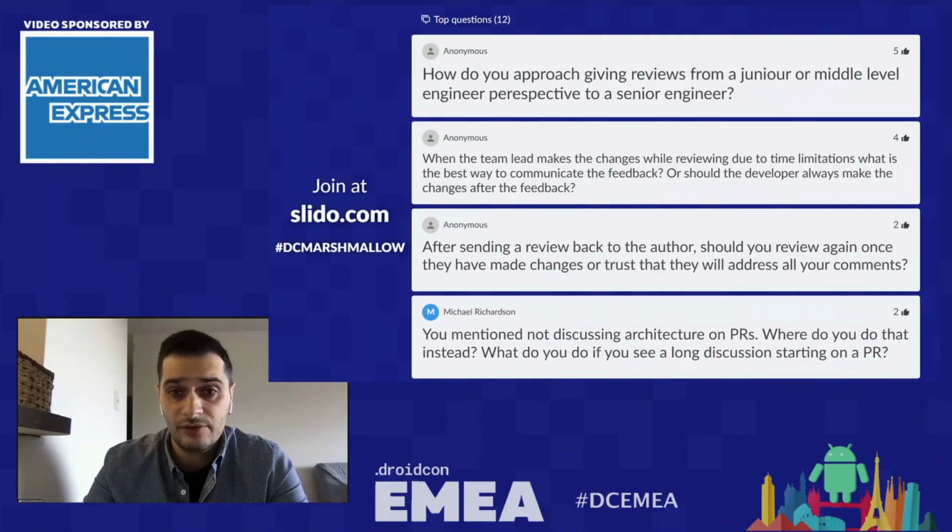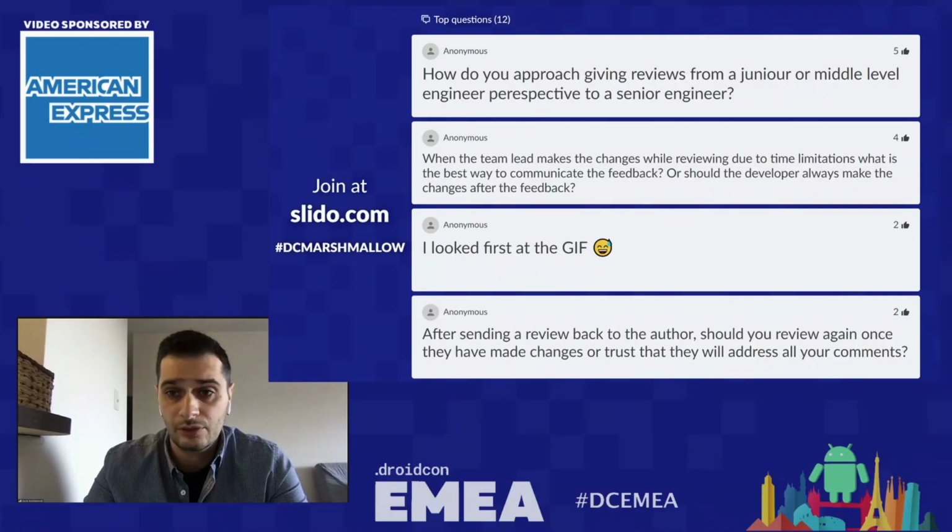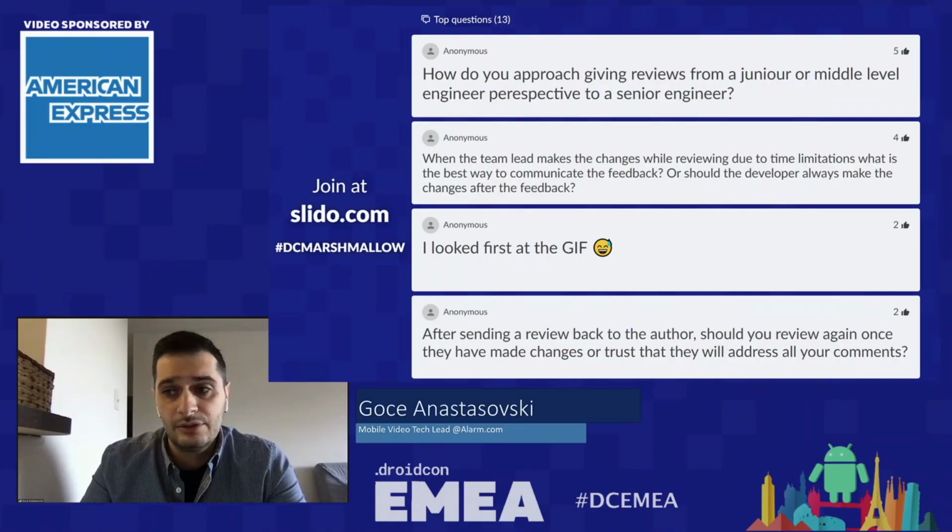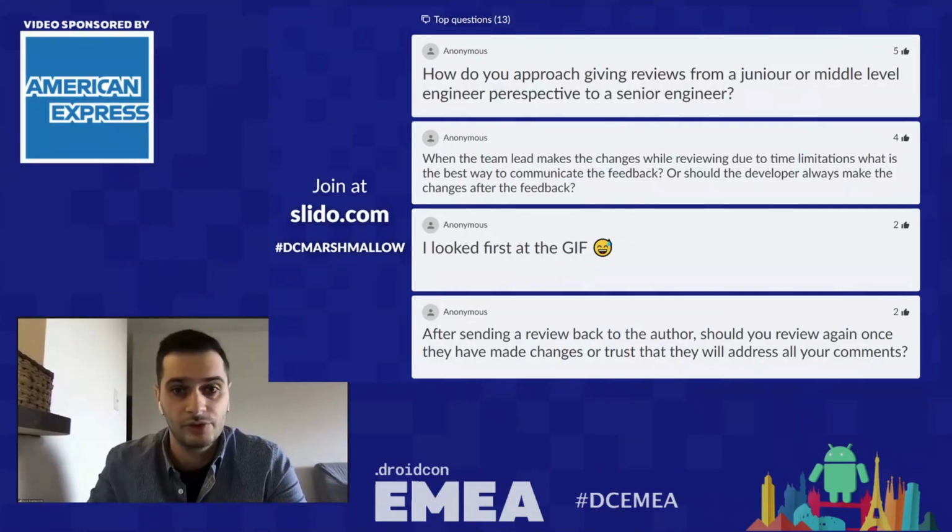How do you approach giving reviews from a junior or middle level engineer perspective to a senior engineer? Just because they have a little bit more experience than you doesn't mean that they are better. You might be working on a feature that they are not. You might be more familiar with some technology, let's say Jetpack Compose, for example, more than them.